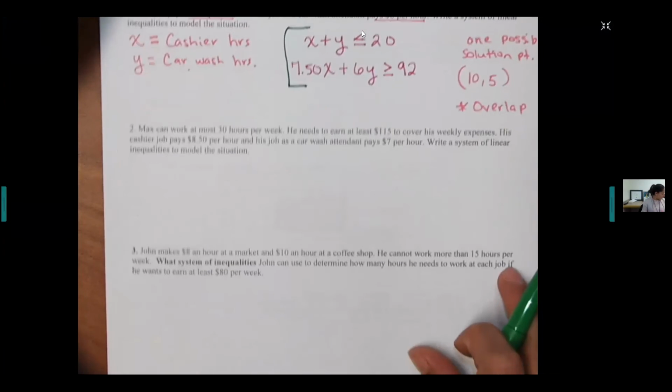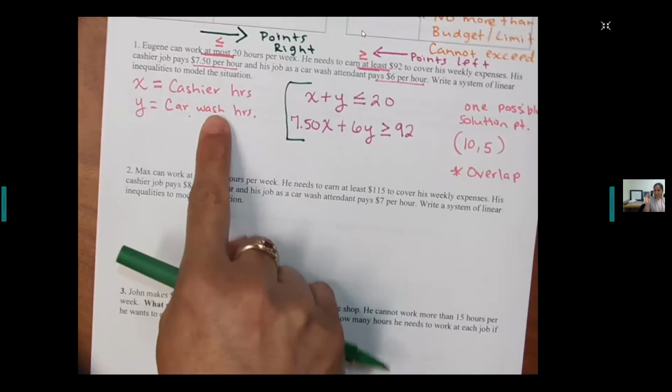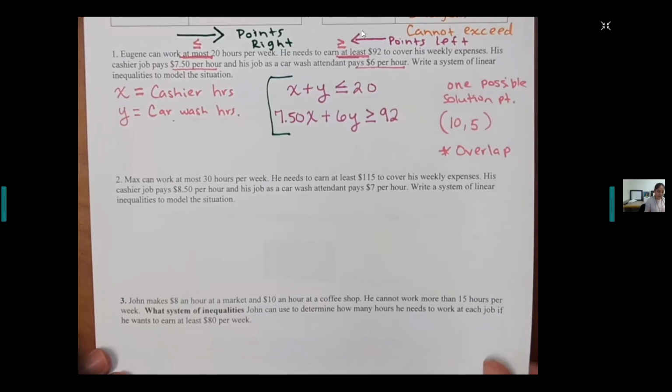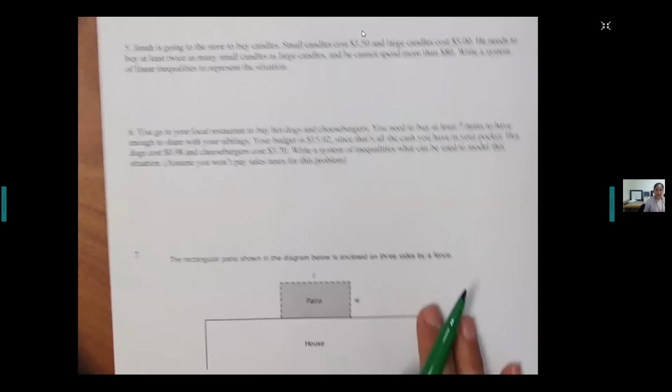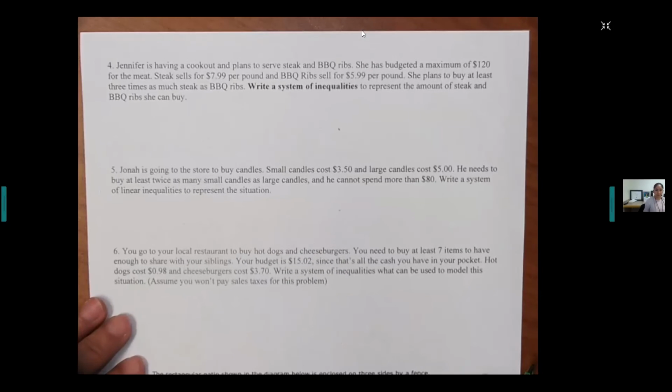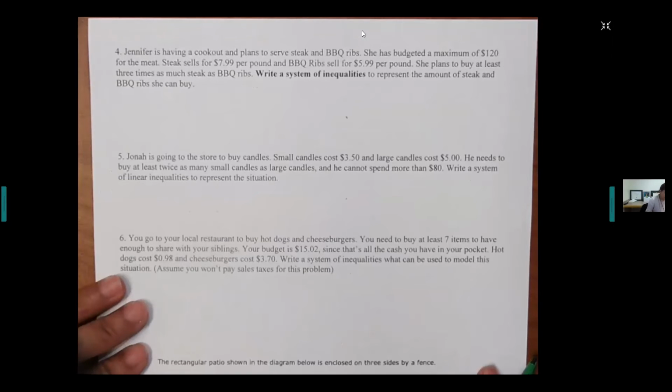All right, let's move on to number 4. So 2 and 3 work very similar to number 1, so I'm going to leave that for you to work out on your own. We're going to go ahead and try number 4. I'm going to quickly read this for you.